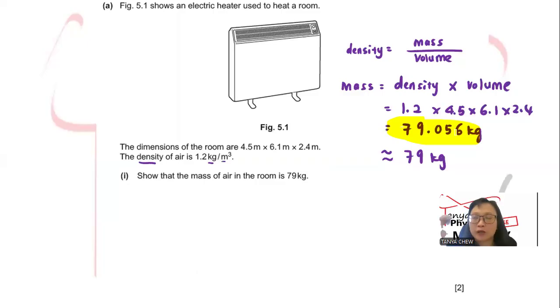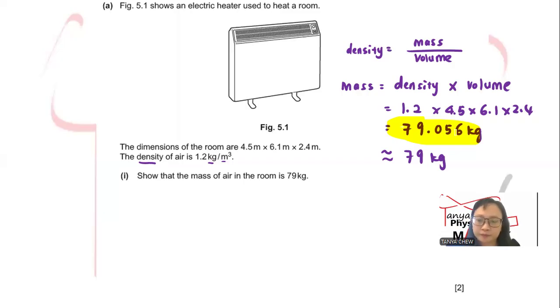Remember that that's called the intermediate answer. You cannot just write 1.2 multiplied by 4.5 multiplied by 6.1 multiplied by 2.4 equals 79 kilogram, unless your answer is exactly 79 kilogram. Else, you need to write the intermediate answer, then only you round it off to 79 kilogram. That is what I call the intermediate answer. It's very, very important.